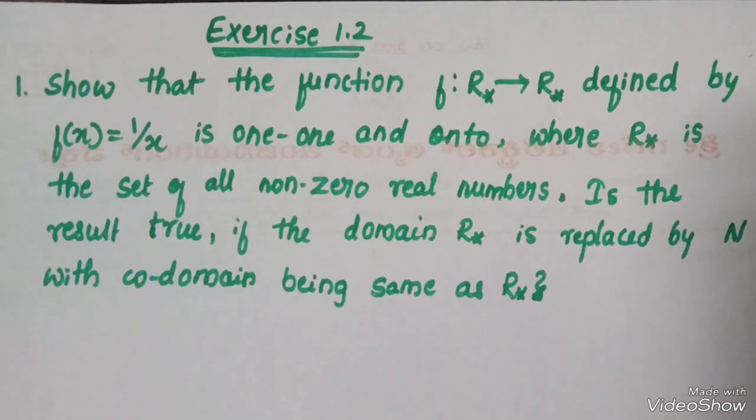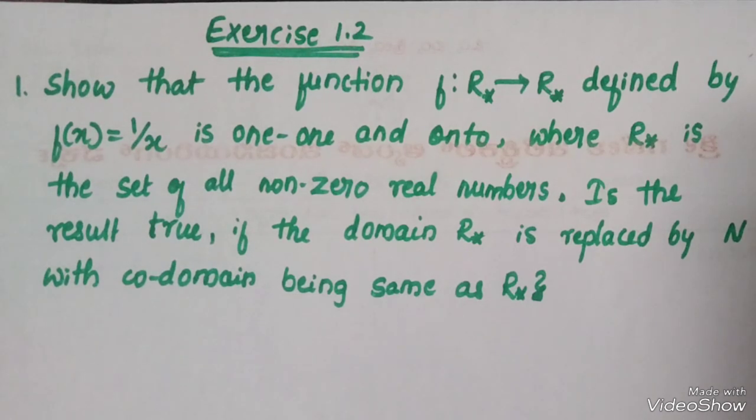Show that the function f from R star to R star defined by f of x equals 1 by x is one-one and onto, where R star is the set of all non-zero real numbers. Non-zero means other than 0.